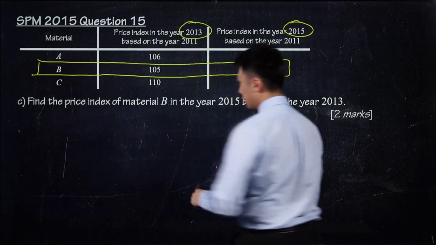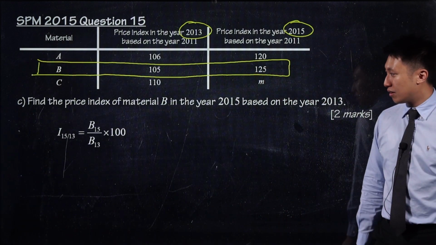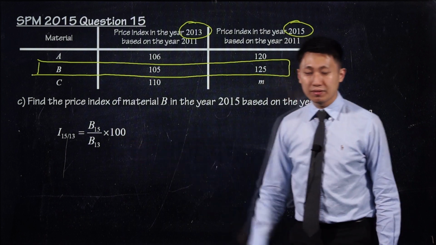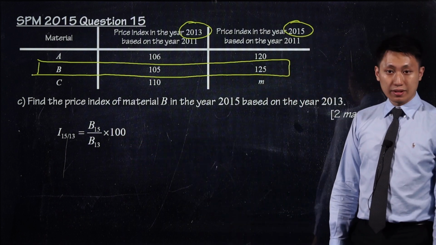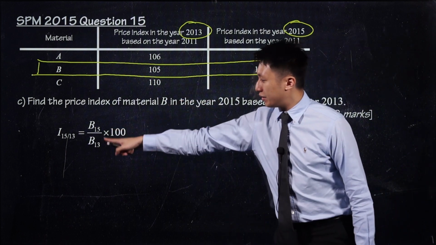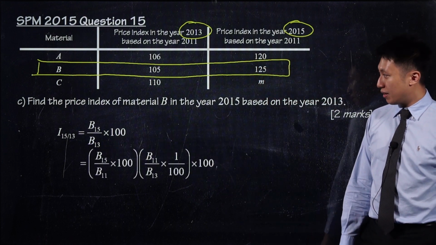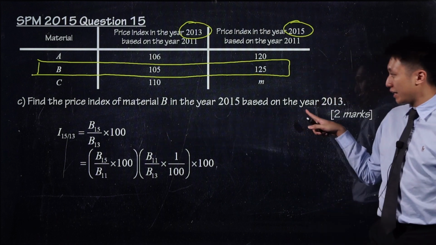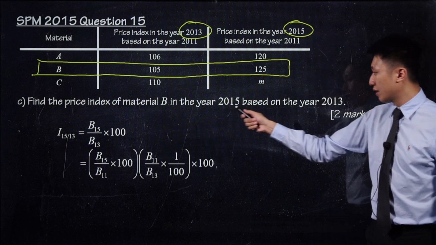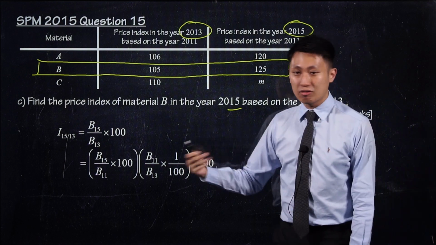Okay, so let's write down what we have. First, do you agree that we have this one? Yes, okay. I13 times 100, that is the thing you want to find eventually, right? I15,13. So I just write down the formula first.